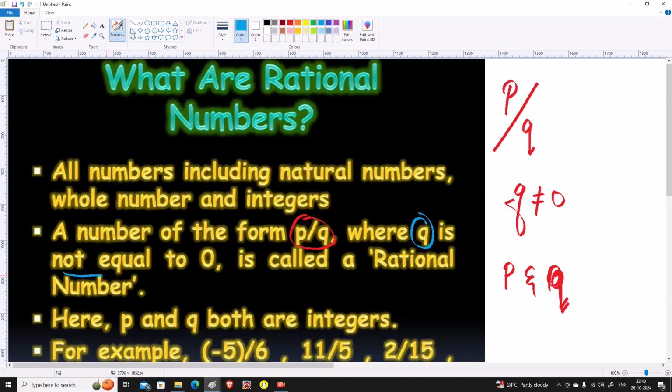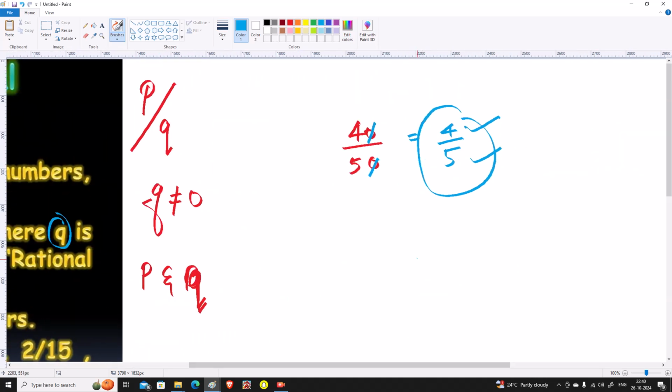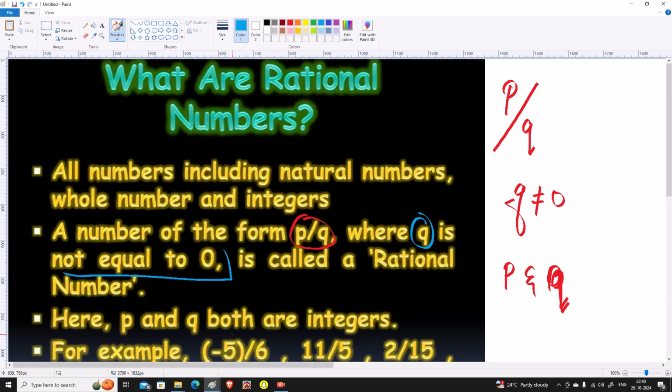And one more thing, Q is not equal to 0. What about the numerator, ma'am? Whether it can be 0? Yes, the numerator can be 0. 0 by 2 is 0. 0 by 3 is 0. But only one condition, the denominator should not be equal to 0.